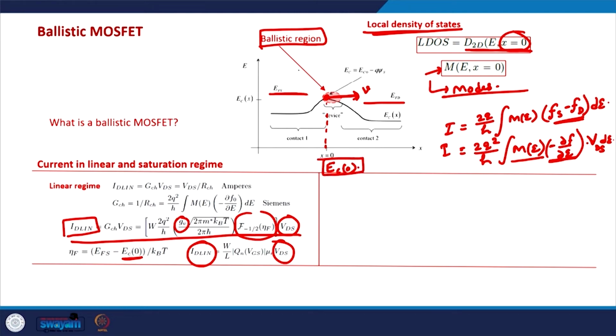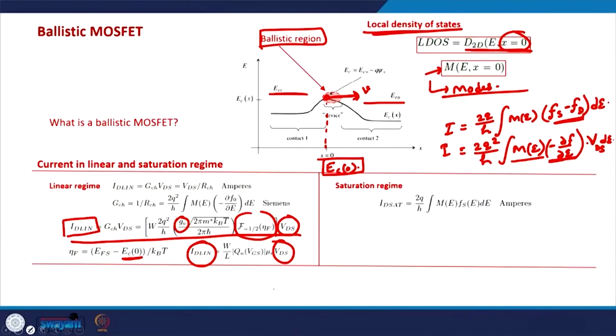Generally this is the point where we focus our attention, because at this point we can in a way separate the effect of the gate and the effect of the drain on the current. So, this is pretty straightforward. In the ballistic MOSFET, this is the current in the linear regime.